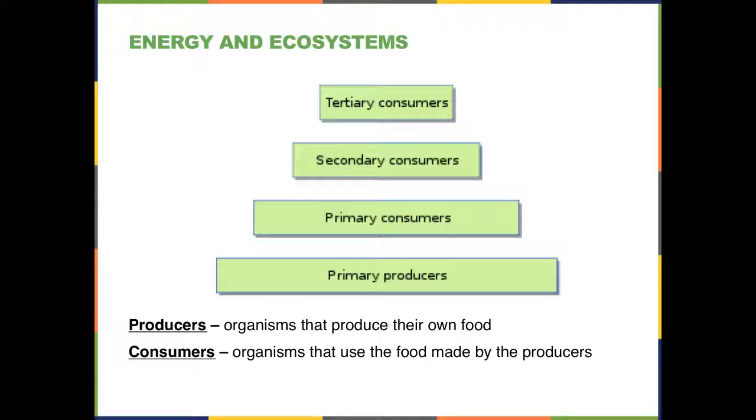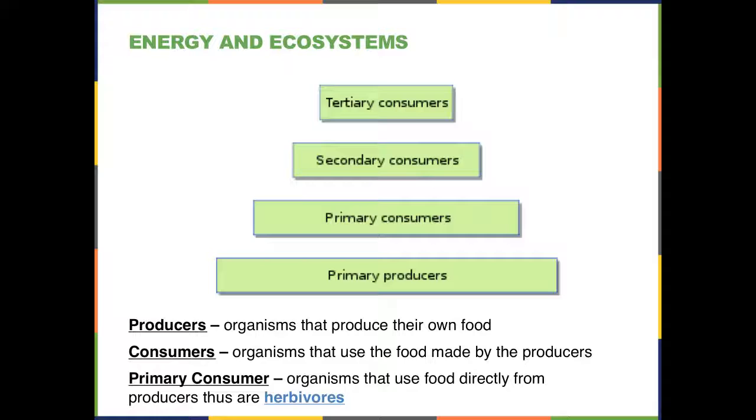We've also talked about the term consumer, and you can have organisms that use food that is made by producers or other consumers. Now, for ecology, they actually break the consumers down, as you can see on this diagram, into more than one type. One is called a primary consumer. A primary consumer is an organism that gets its food directly from a producer.